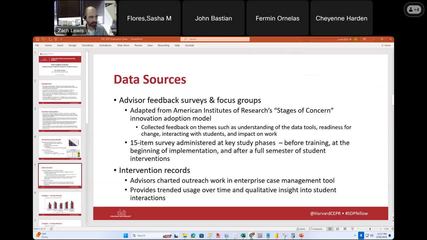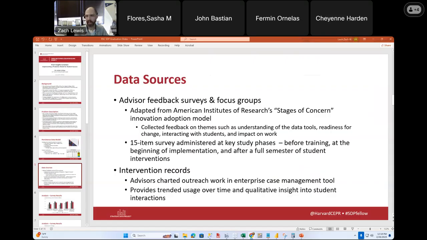One is that we developed a survey that we administered to the advisors throughout the duration of the study. We did this at key phases of the work, once prior to the formal training and coaching that we delivered to help them better understand the predictive model and how to go about using it.